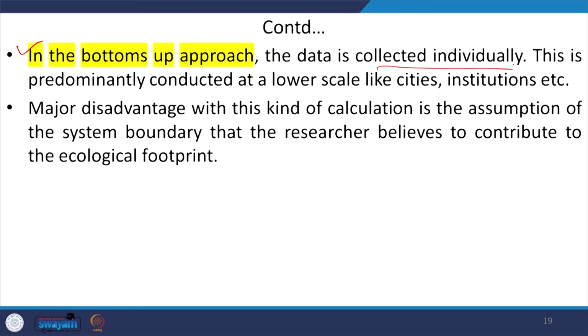However, the limitation or disadvantage we have with this kind of calculation is the assumption of system boundary. If there is no defined system boundary, then it will be difficult to find out the ecological footprint of the concerned. And many times it is difficult to define this system boundary.